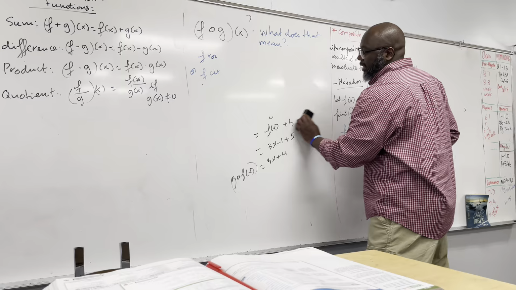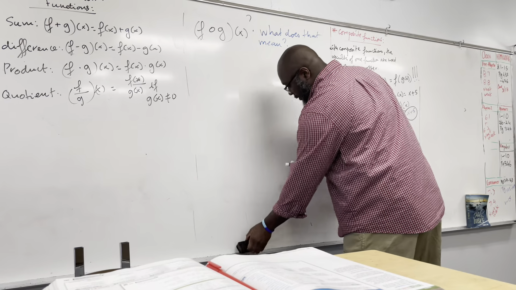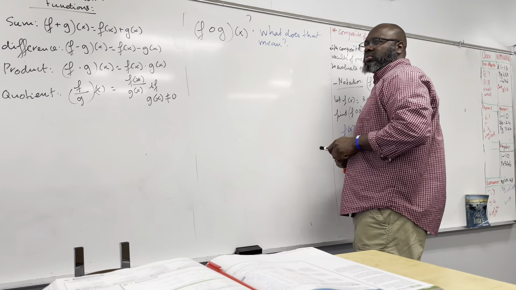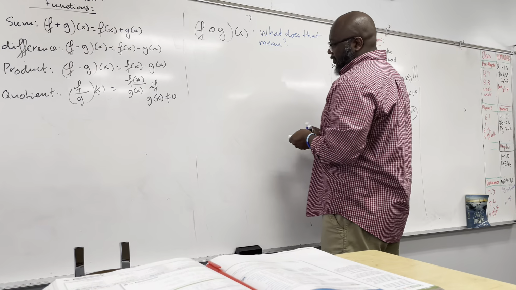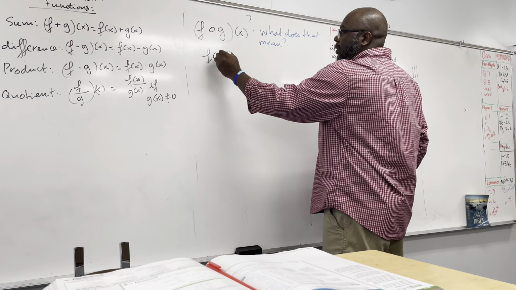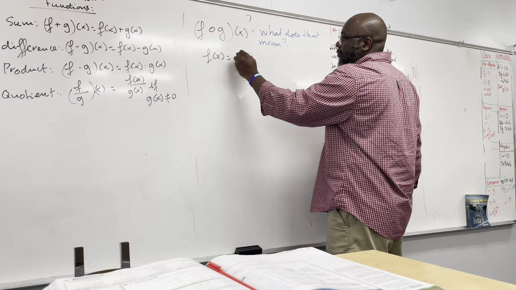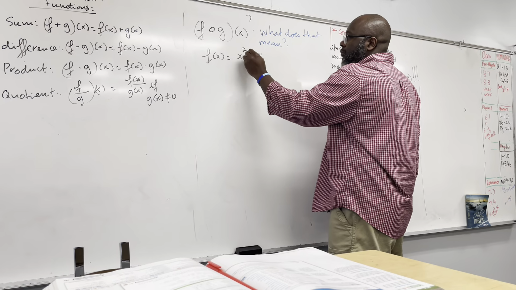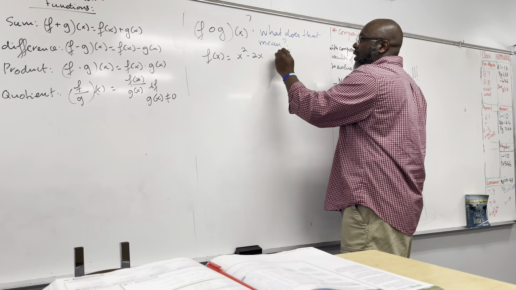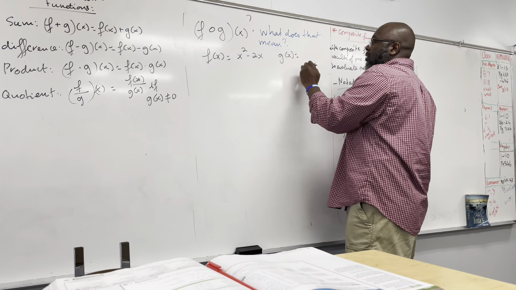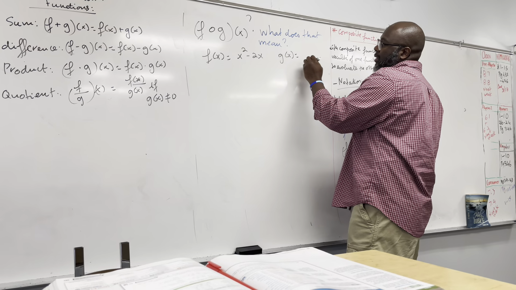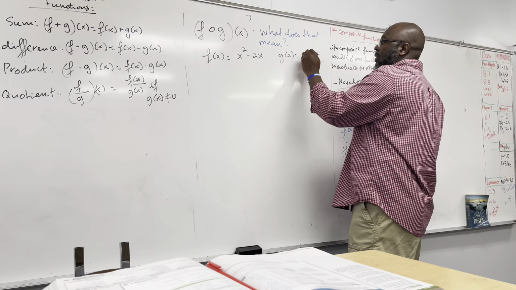So let me assume that f of x is x squared minus 2x, and then g of x is, let's say, x plus 1, right?